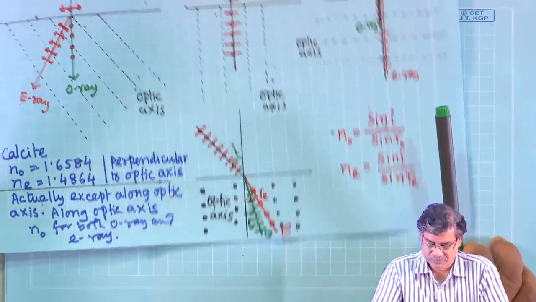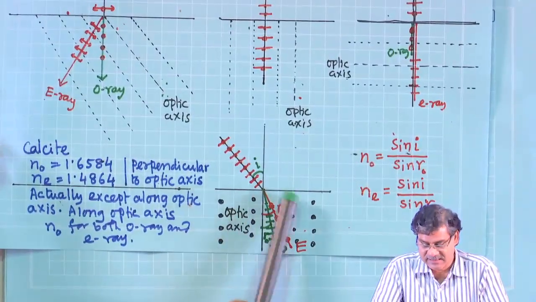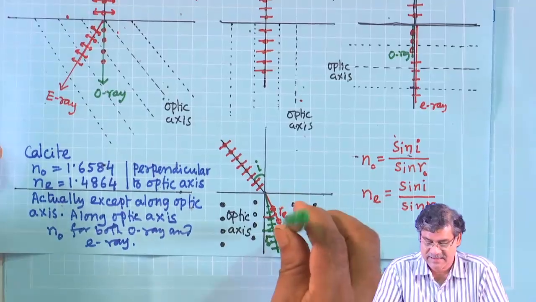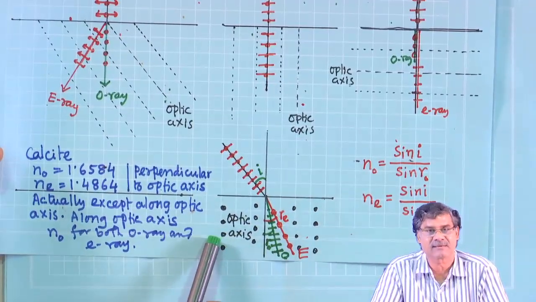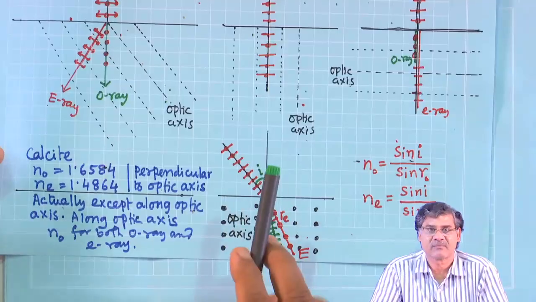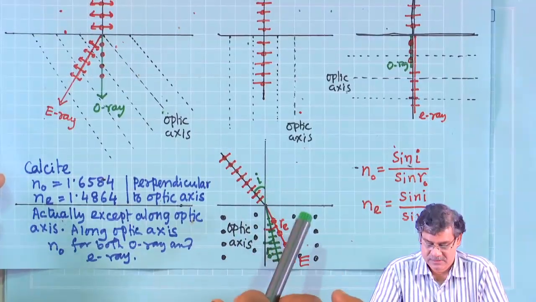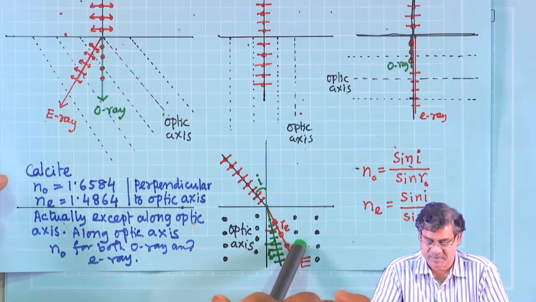So in the other case, if the crystal is cut in such a way that the optics axis is like this, okay, the dotted line is the optics axis. So this is perpendicular to this optics axis, perpendicular to the plane of this paper.